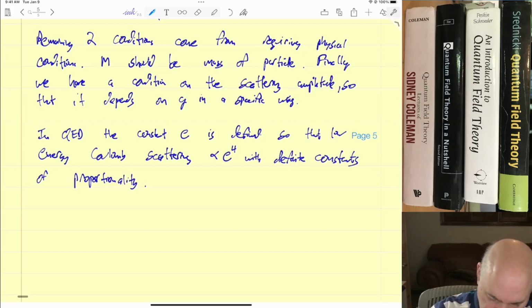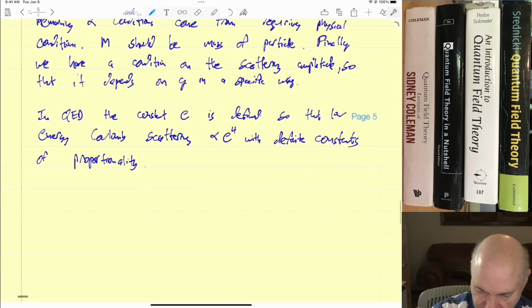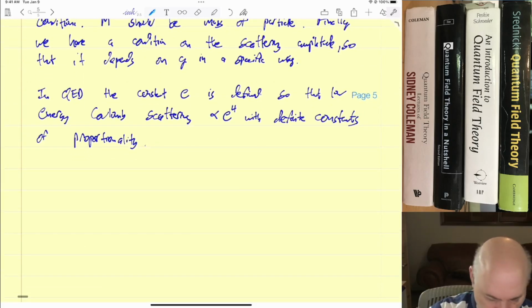That helps determine the final condition, and happens to agree with the classical calculation of scattering at low energy.